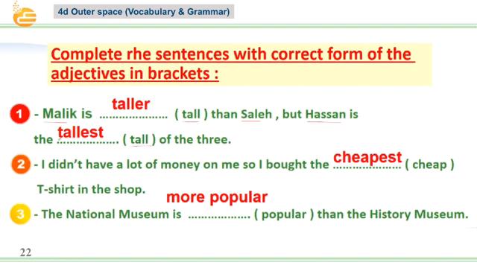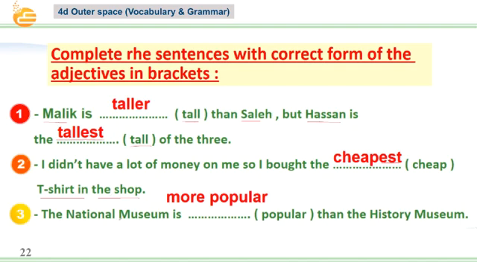Short adjective, we add est. Okay? Number two, I didn't have a lot of money on me, so I bought the cheapest t-shirt in the whole shop. Short adjective, comparing between more than two.